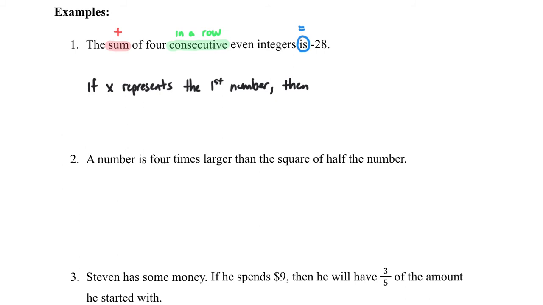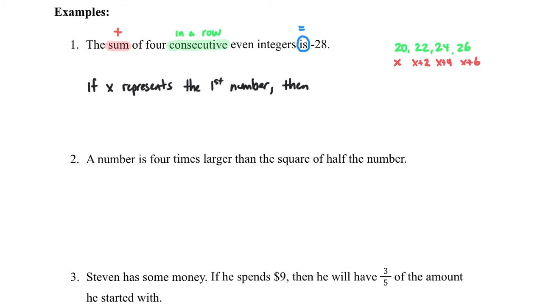So let's go back to this 4 consecutive even integers. Let's write down an example. I think we said like 20, 22, 24, 26. What I want you to notice is that if we let x be the first number, how do I get from 20 to 22? Add 2. How do I get from 20 to 24? Add 4. How do I get from 20 to 26?